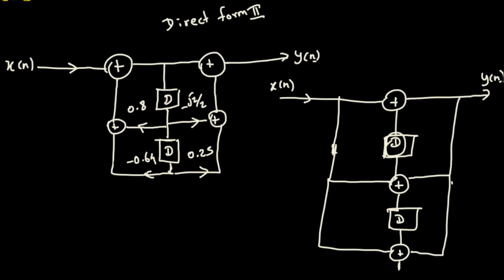So negative root 2 by 2 will be on this side. And we change the direction of the arrow. So here now that arrow is going toward the left side. Now I change it to the right side.